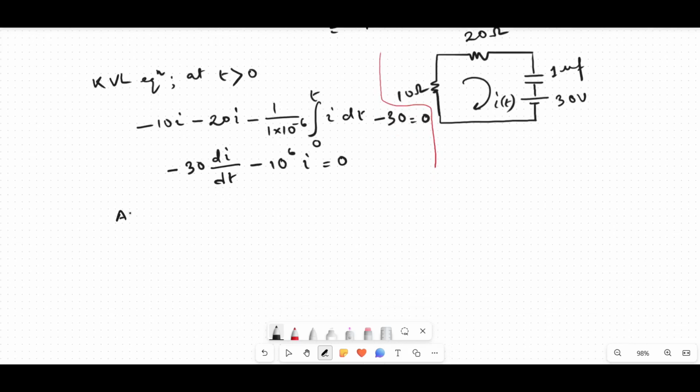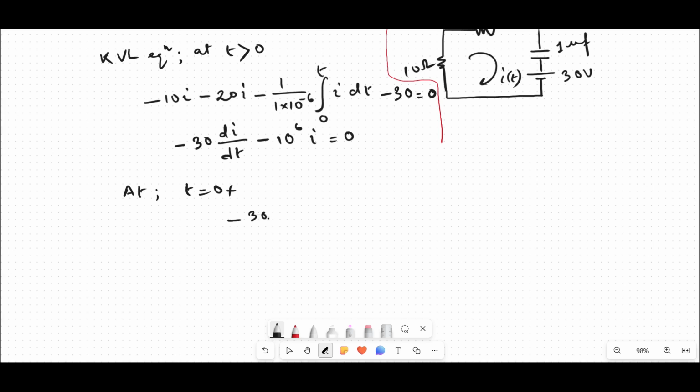Next, let us consider at t equals 0 plus what will be the value of di/dt. So here we have minus 30 di/dt at 0 plus plus 10 to the power 6 into i at 0 plus equals 0.